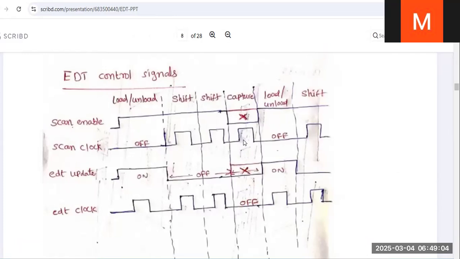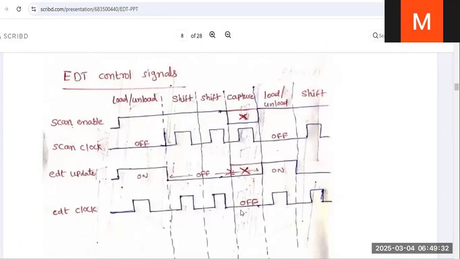Now, if the EDT clock pulses here, whatever data was loaded is replaced with new data in the scan chains, so the previous data is skipped out, and we cannot detect the patterns which we were going to detect with the previous data.